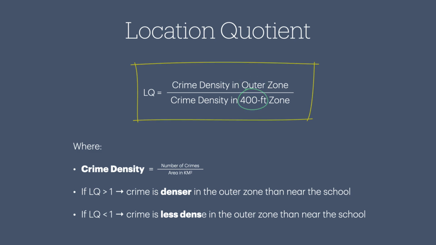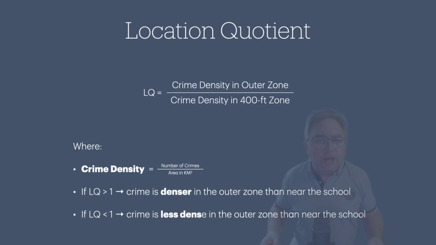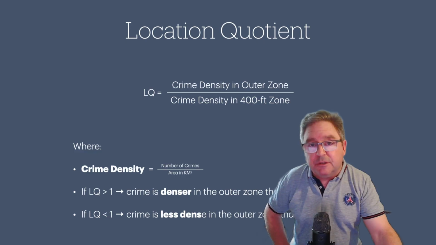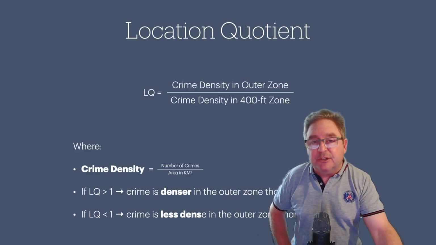It helps tell us whether crime is more or less concentrated farther from the schools relative to the nearest zone. In our case, because we're using 400 feet as our reference zone, we'll calculate location quotients for just the 800 and 1200 foot areas.